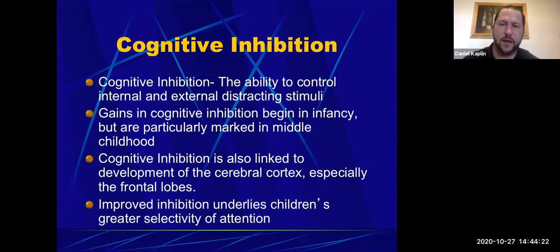So now let's talk about cognitive inhibition. So what is cognitive inhibition? Cognitive inhibition is the ability to control distraction, whether they be internal or external. Now, remember how we talked about that memory span and how if you have a distraction, it makes it harder to remember? Well, we have a process to focus.